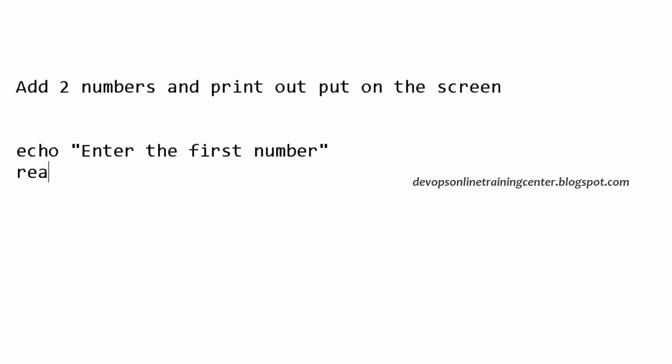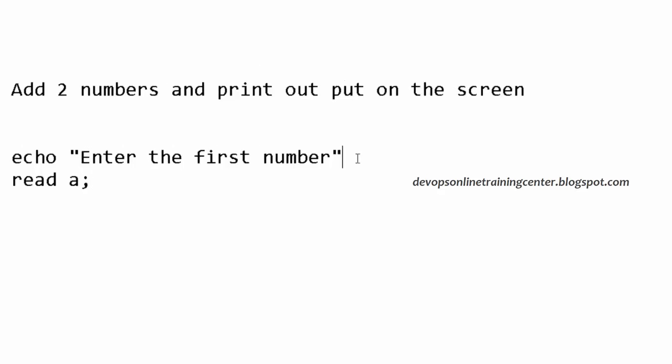So here in shell script it is called read. So simply read A, right? So generally by convention we close the statement with a semicolon indicating that the statement is completed. So echo enter the first number, read A. So the value which the user enters from the keyboard will be stored in a variable called A. What is a variable? A variable is the one which stores a value, right?